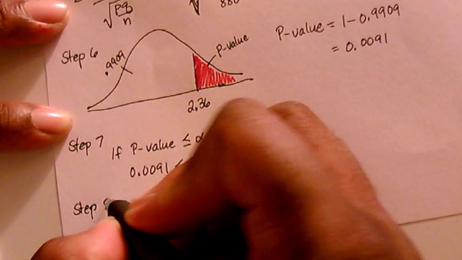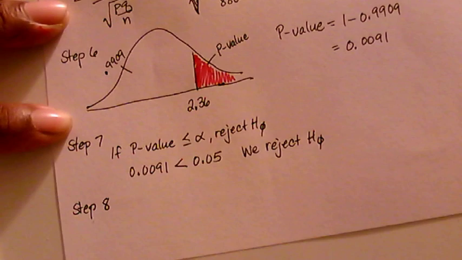And then step number 8 is write our conclusion. Now keep in mind the claim is the alternative hypothesis, we're rejecting the null.